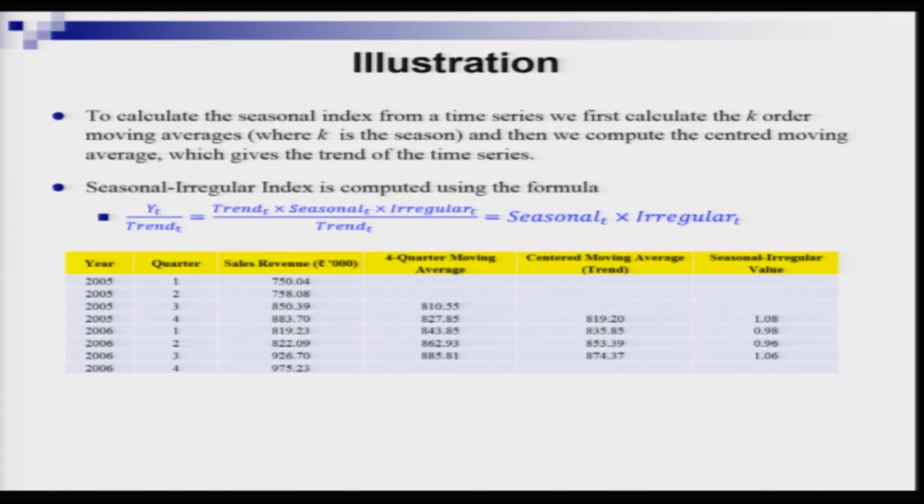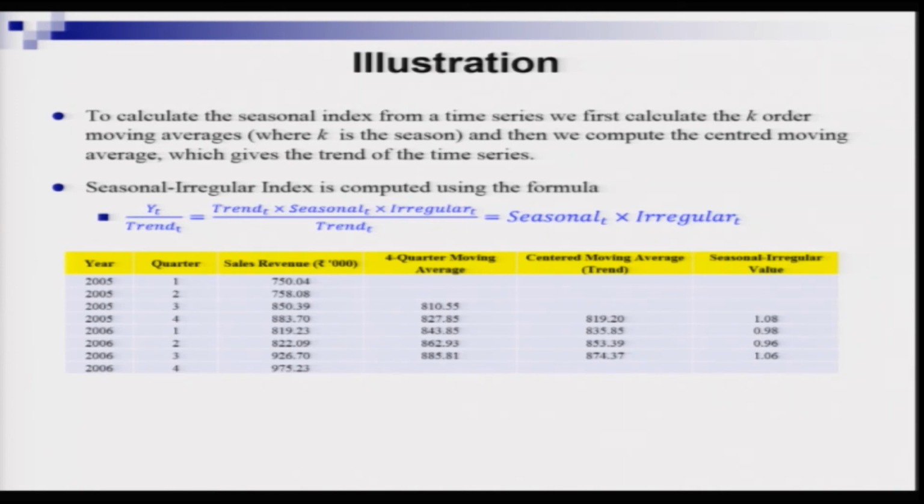Anyway, suppose for those centered moving average trend values, now we know what to do. We have to get the seasonal index, right, so that we can use the seasonal index to forecast the value for the time series variable. So, how do we compute the seasonal or irregular index here?